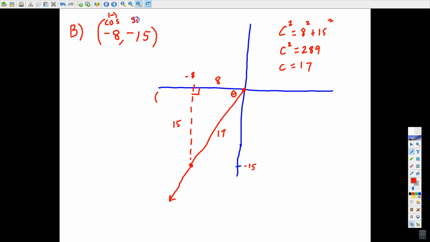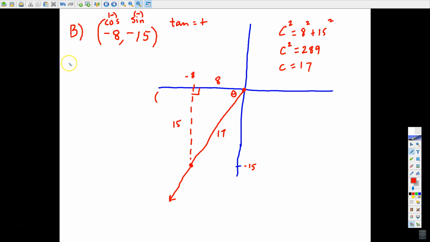And sine, which corresponds to y, is also negative. But when you put tangent, which is sine over cosine, or y divided by x, tangent will be positive. So we got to be careful that when we come up with the ratios, we also use the appropriate sign for this terminal side that falls in quadrant 3.